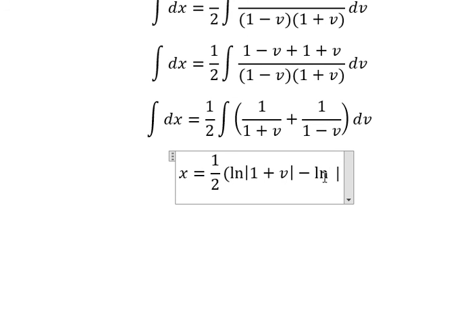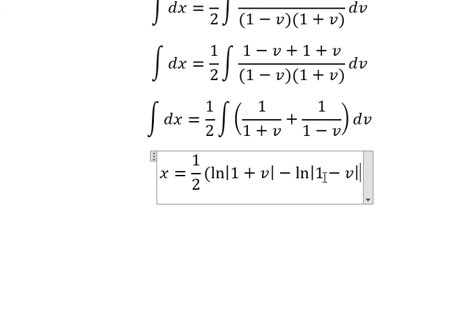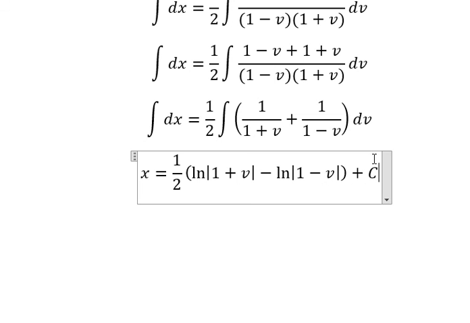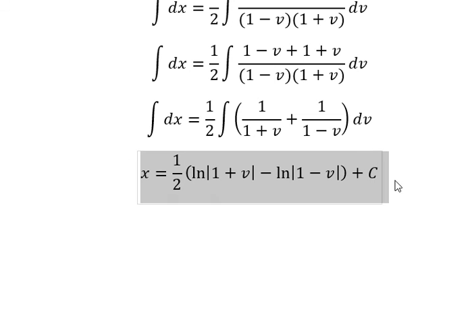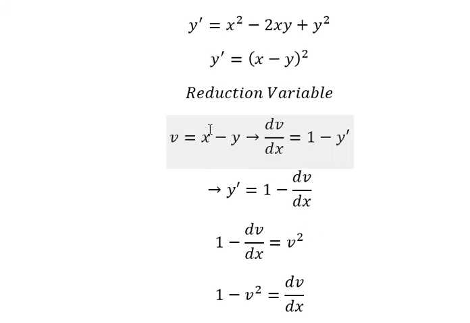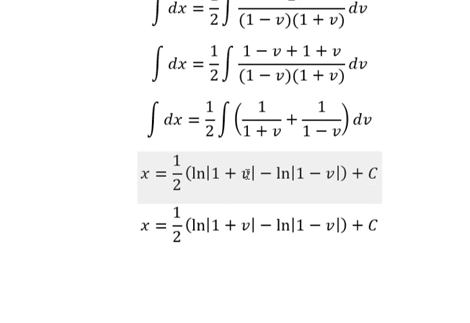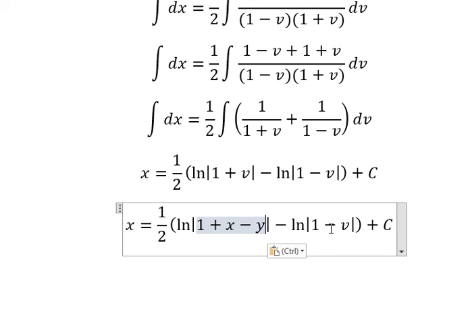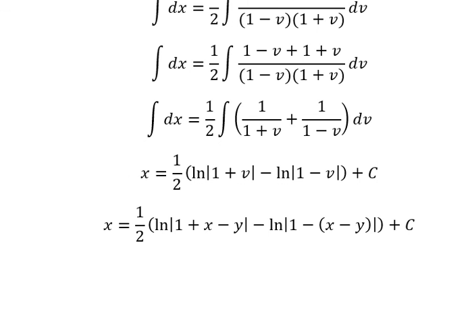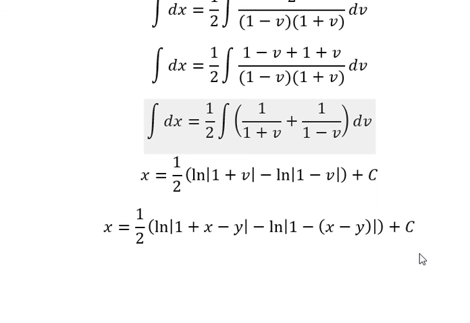Ln of the absolute value of 1 minus v. And then we put c, that is the constant. About v, that is this one. And this is the final answer.